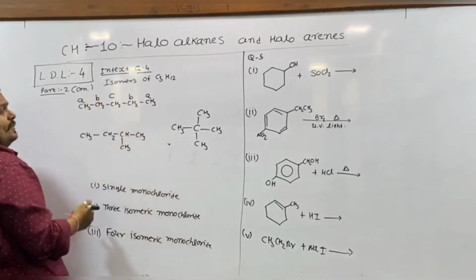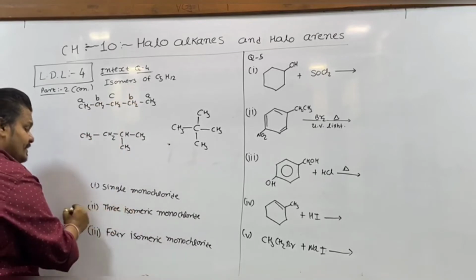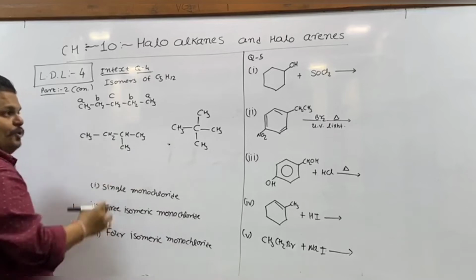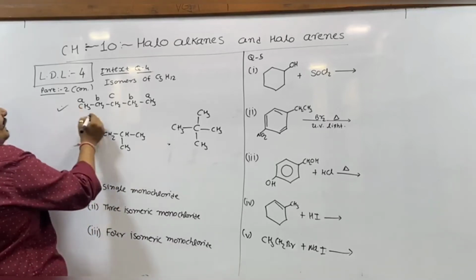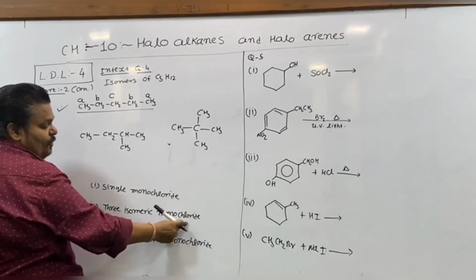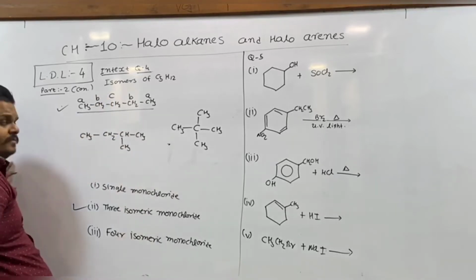A, B and C, 3 types, and that's why by substituting the hydrogen from these 3 carbons, we'll get 3 isomeric monochlorides from N-pentane. So the answer to the second question: 3 isomeric monochlorides are produced from N-pentane.